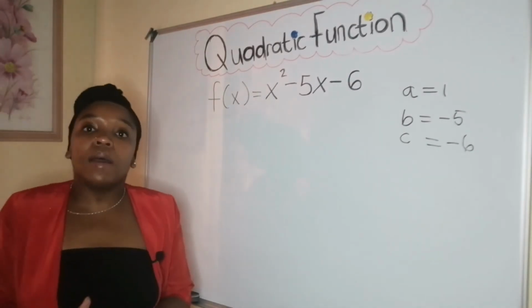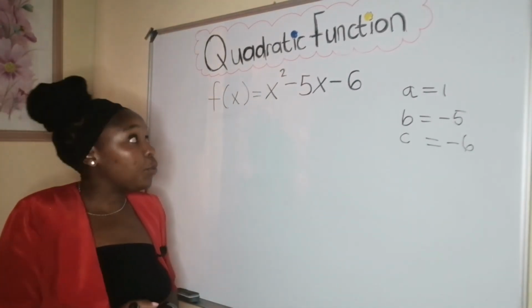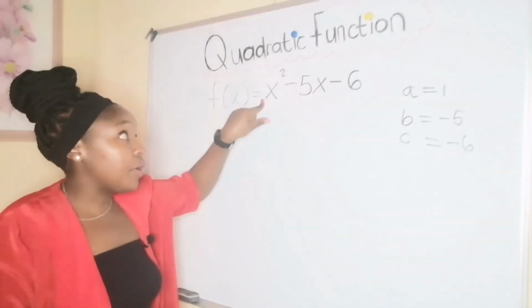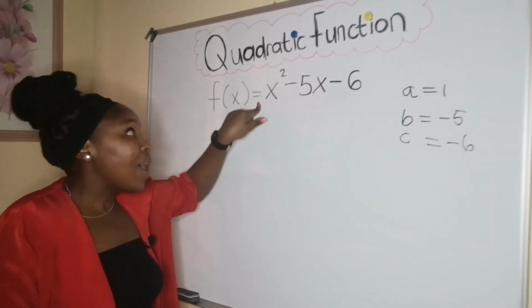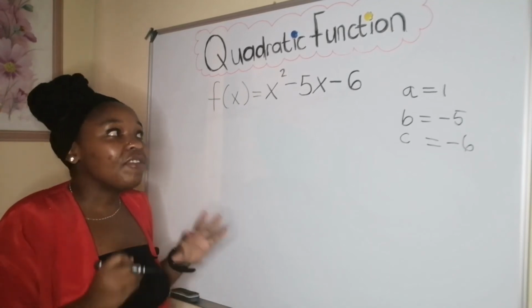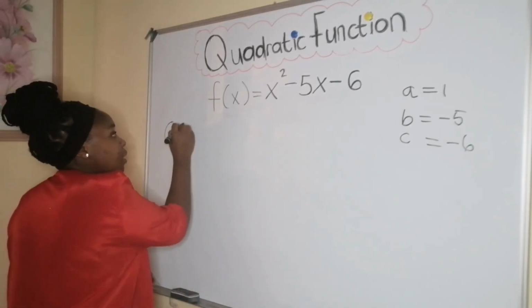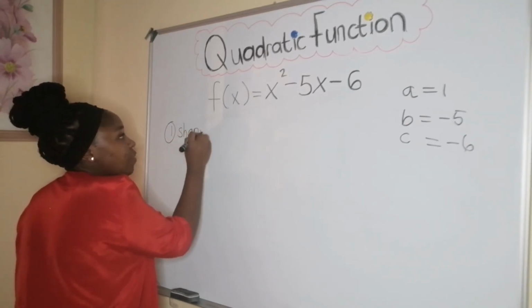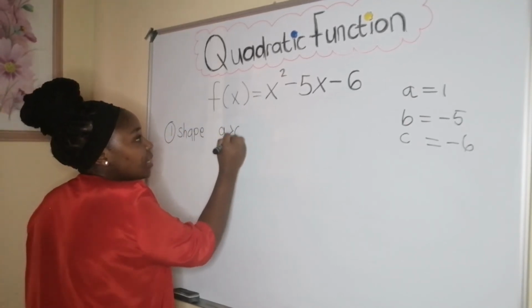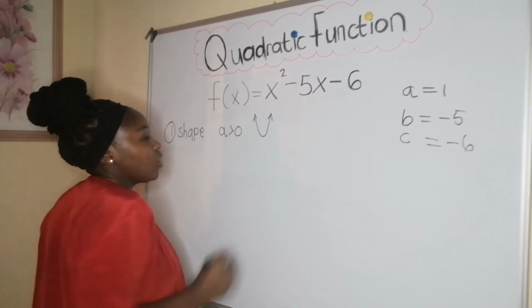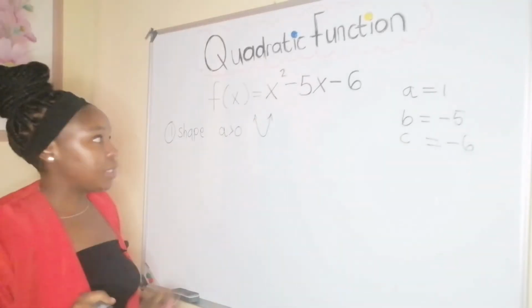From this quadratic function that we were given, we saw that our a value was greater than 0, and because it's greater than 0, our quadratic function is going to open upwards. So the first one was the shape.